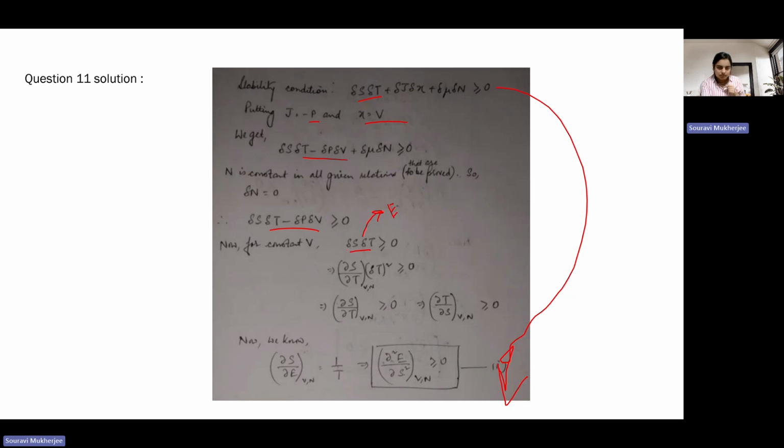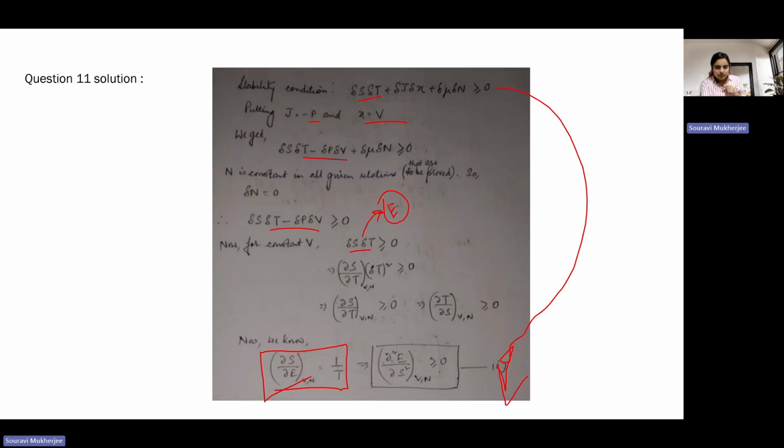So from S and T, you need to find a relation with E. Now, if you remember, we had already discussed this relation which comes from the first and second law together. It tells us that del S del E is given as 1 by T. So this is the relation which relates S, E, and T.